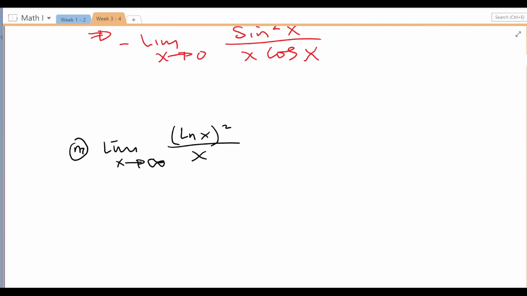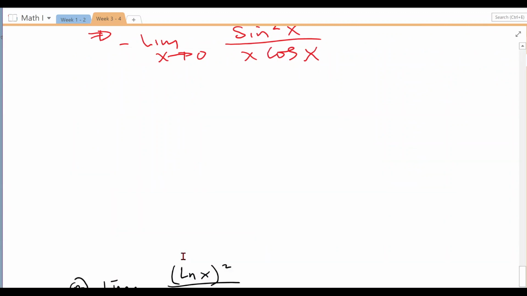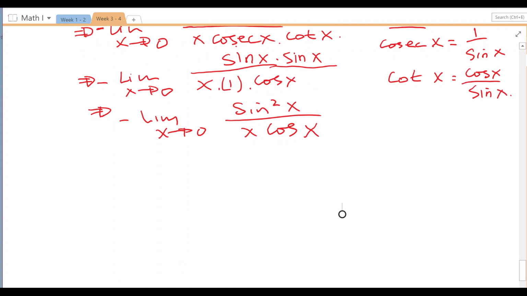If we do direct substitution again, we get 0 over 0 times cos 0, which is 0 times 1, so we get 0 over 0. This is again an improper function, therefore we need to take L'Hopital.